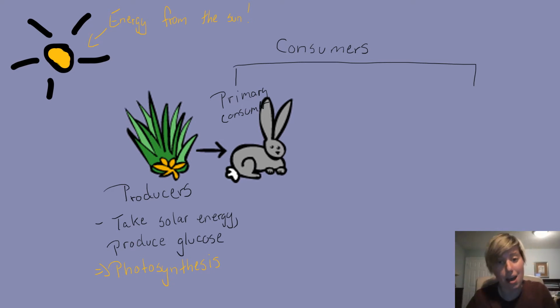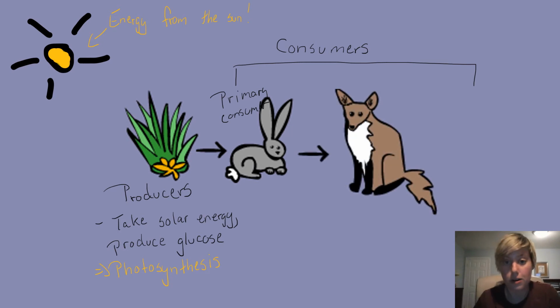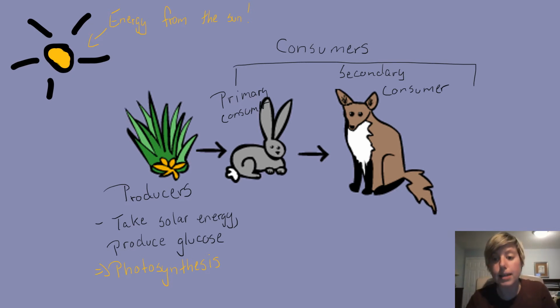Now, whatever eats the primary consumer is considered the secondary consumer. And if there was somebody eating the secondary consumer, well, that would be considered the tertiary consumer.